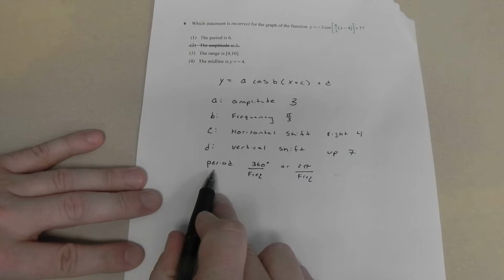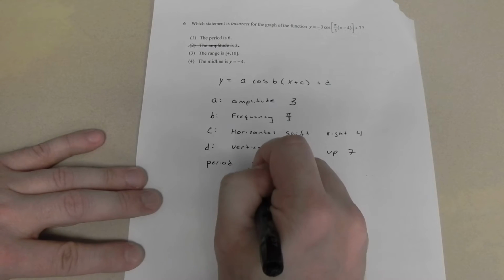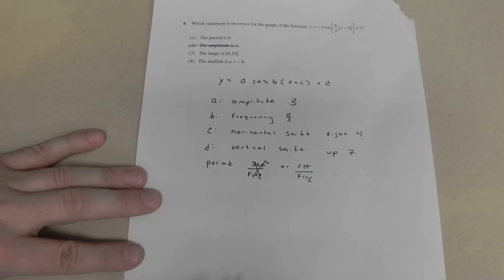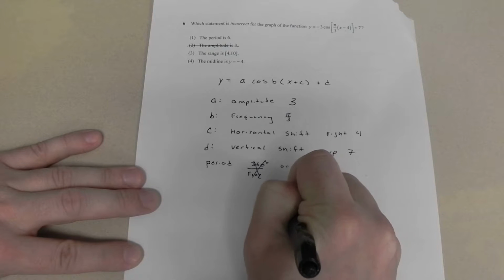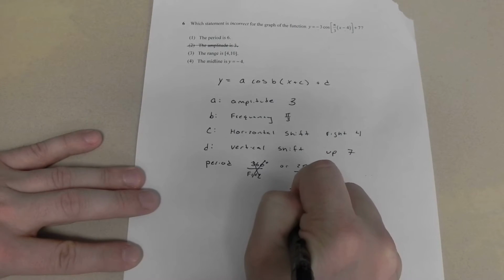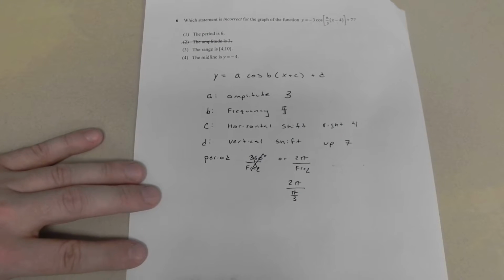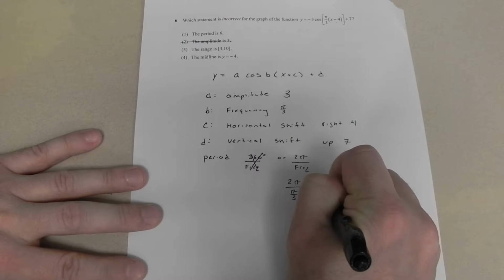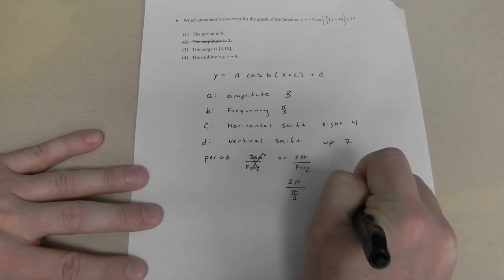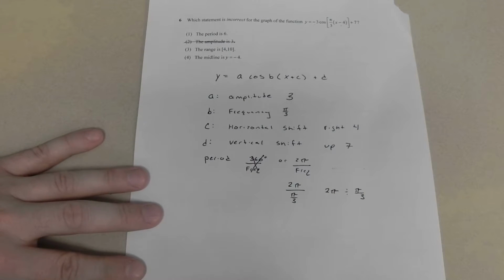And now the period. Well, our frequency is based on pi, so we're going to use the period based on 2 pi. So our period is 2 pi divided by the frequency of pi over 3. I'm going to turn this into a division problem real quick. 2 pi is being divided by pi over 3.